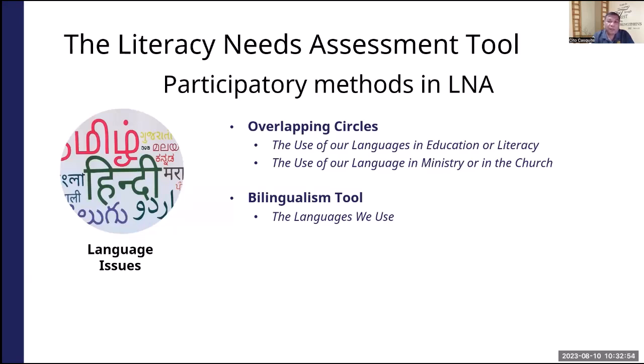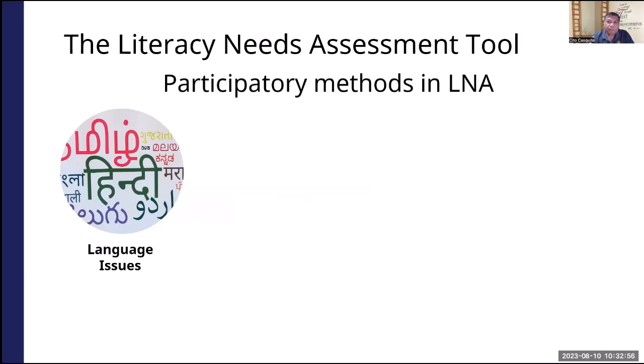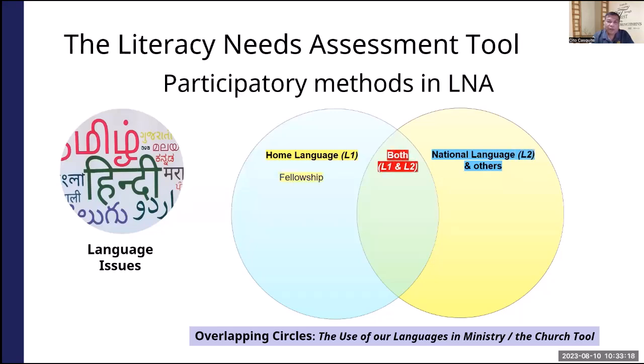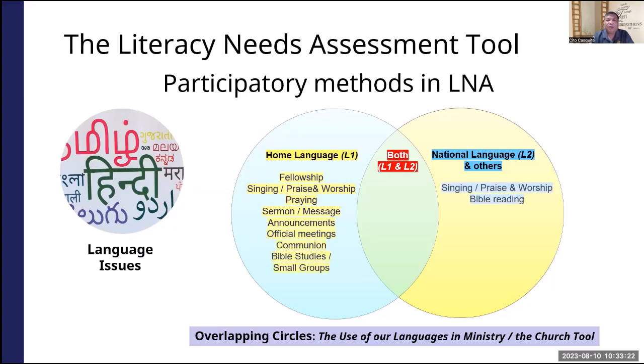So, for example, we can use the overlapping circles, the use of our languages in ministry or church, and we can have two overlapping circles. The first circle, we can label it for the home language or the L1, and L2 in the second circle. And the middle part where it overlaps is where both languages are used in ministry or in the church.